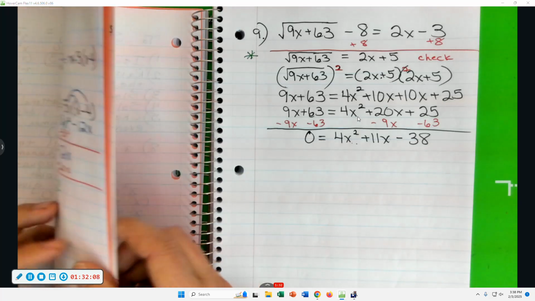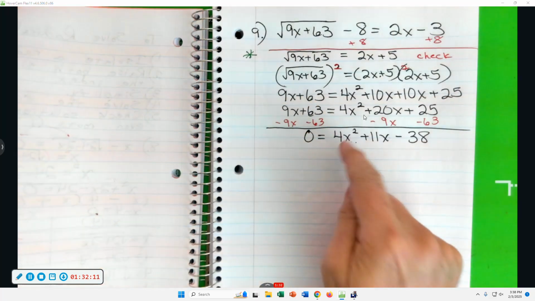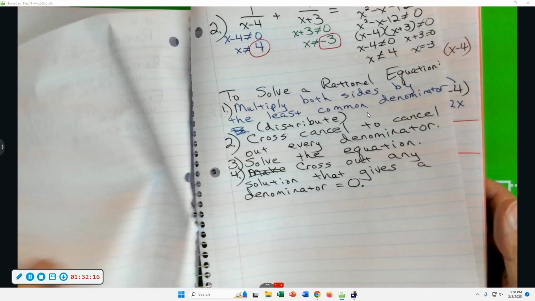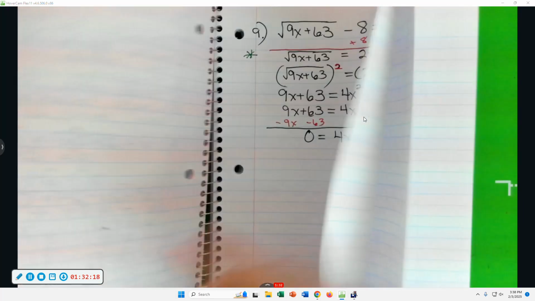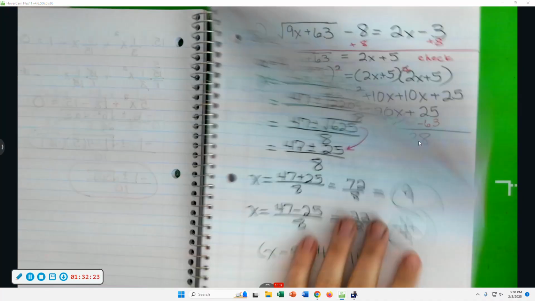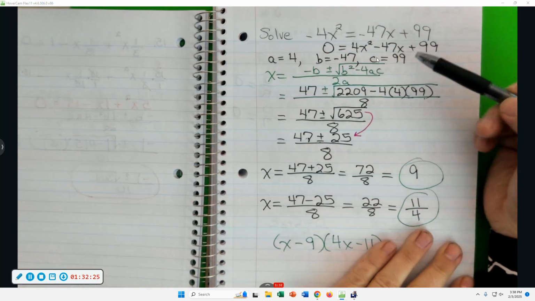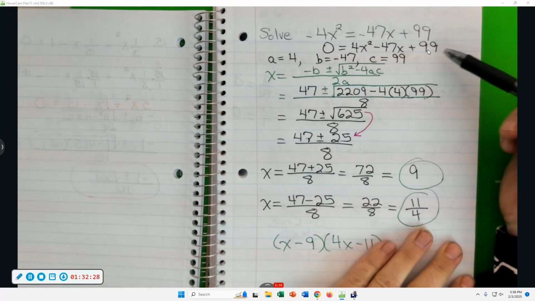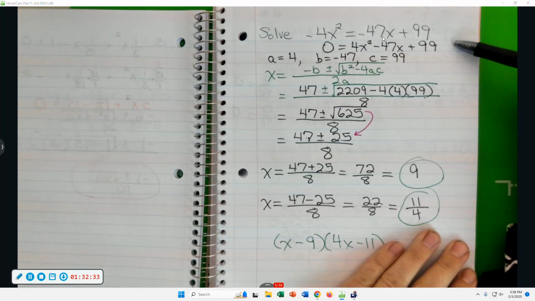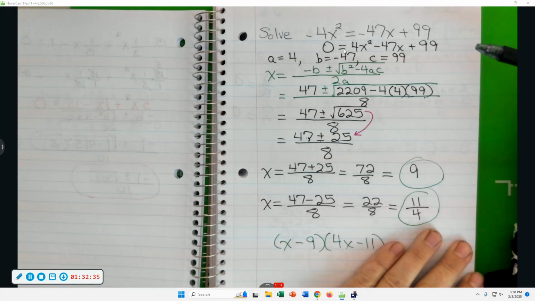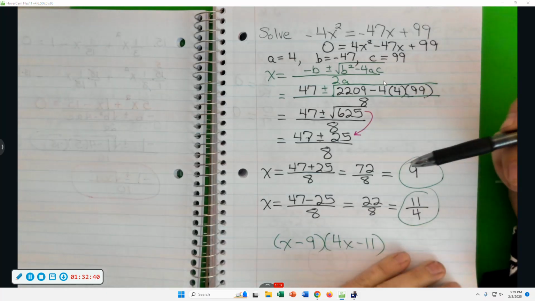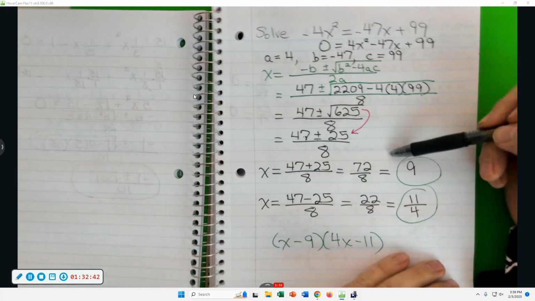Last semester, when I did this problem number 9 for the class, the equation we got at this point, instead of 4x squared plus 11x minus 38, was 4x squared minus 47x plus 99. So if you get some big messy quadratic equation and you don't see the factorization, go to the quadratic formula. You'll want to have your calculator with you, but it's still doable.